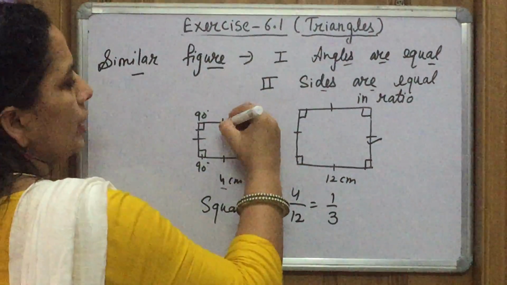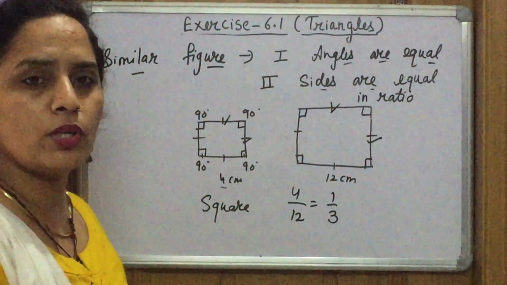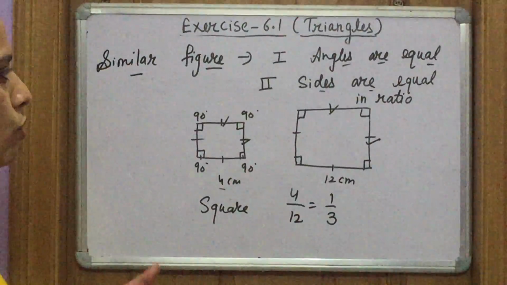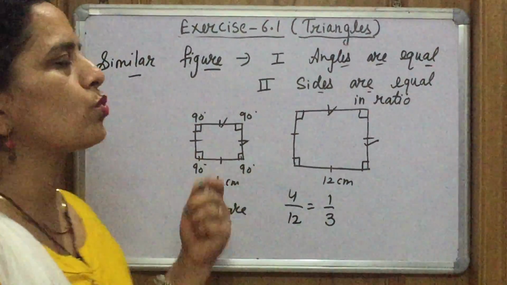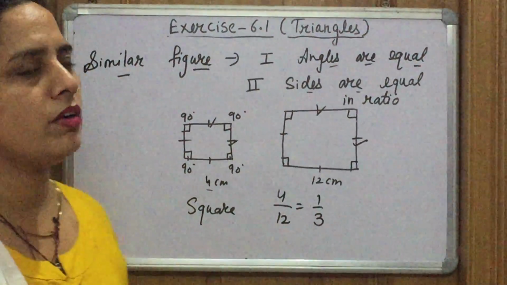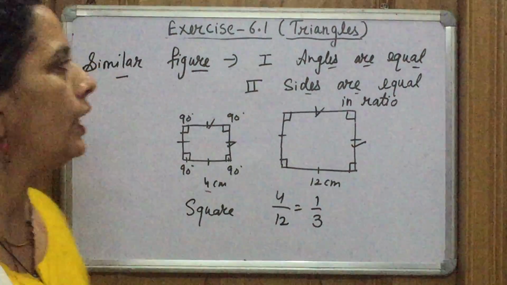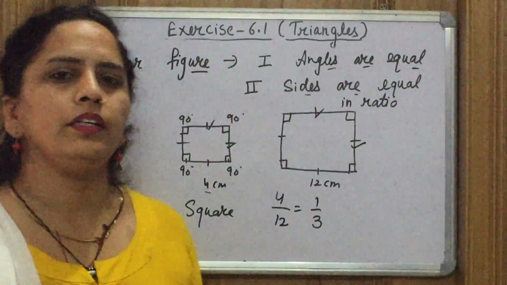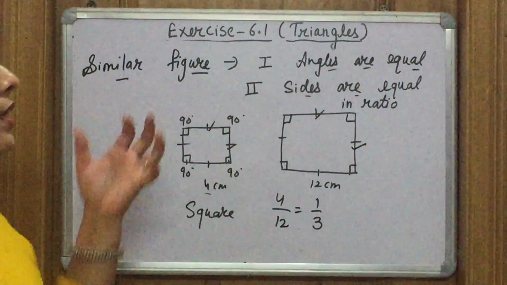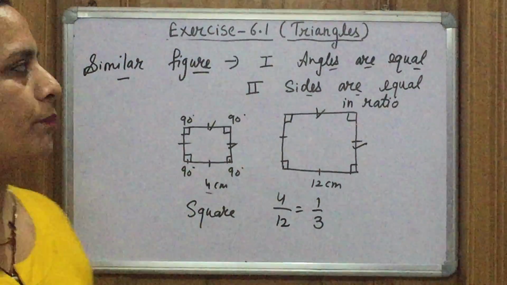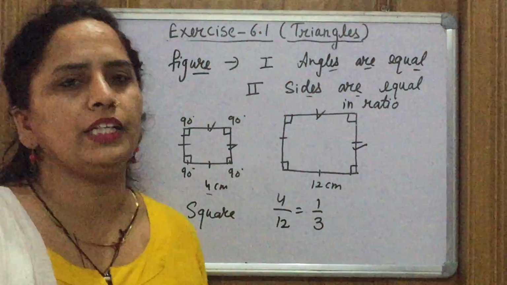Similarly, the ratio of the third side will also be 1 by 3, and similarly for the fourth one. So we can say that these two squares are similar because they satisfy these two conditions: angles are equal and sides are equal in ratio. So similar figures are those figures which satisfy these two conditions.